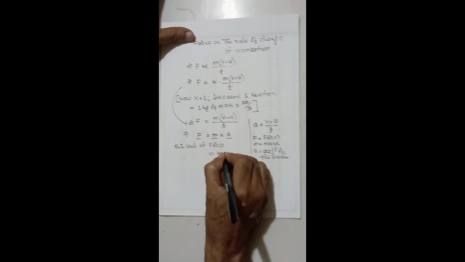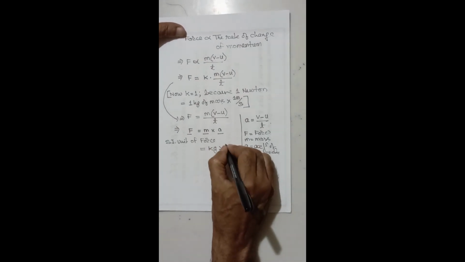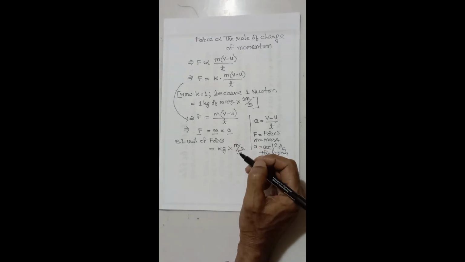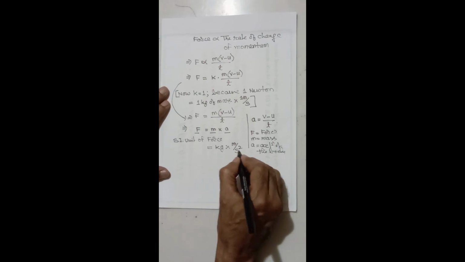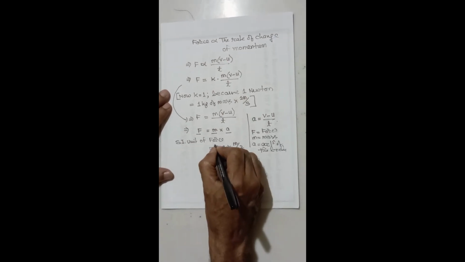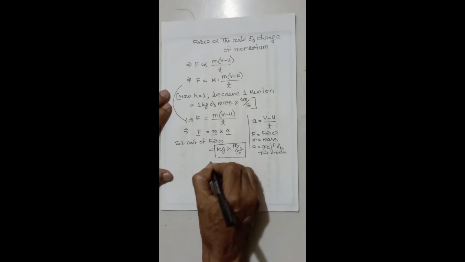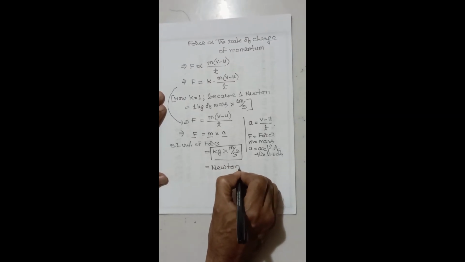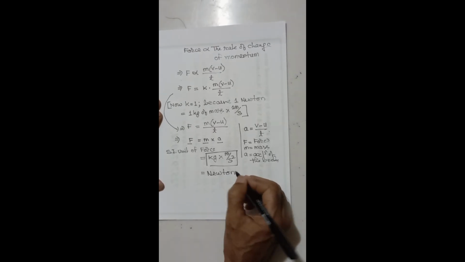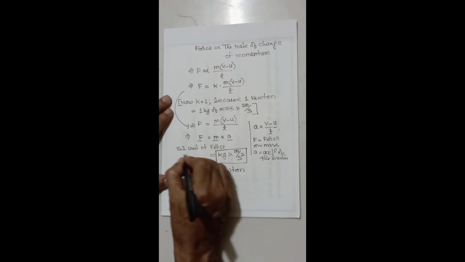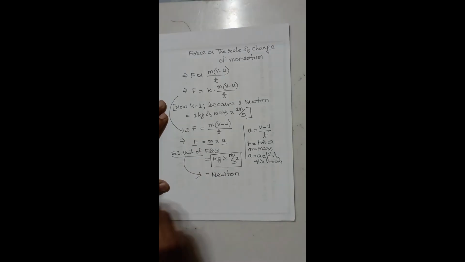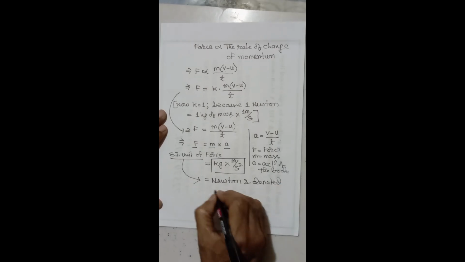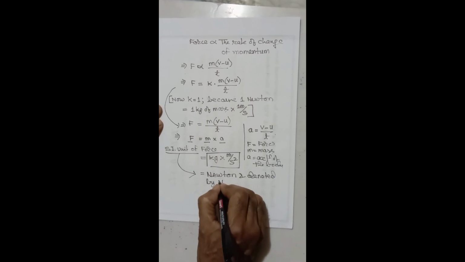The unit of mass is kg, and for acceleration it is meter per second square. So the unit of force is kg into meter per second square, and this quantity is written as Newton, in the name of the scientist Newton. So the SI unit of force is Newton, denoted by capital N.